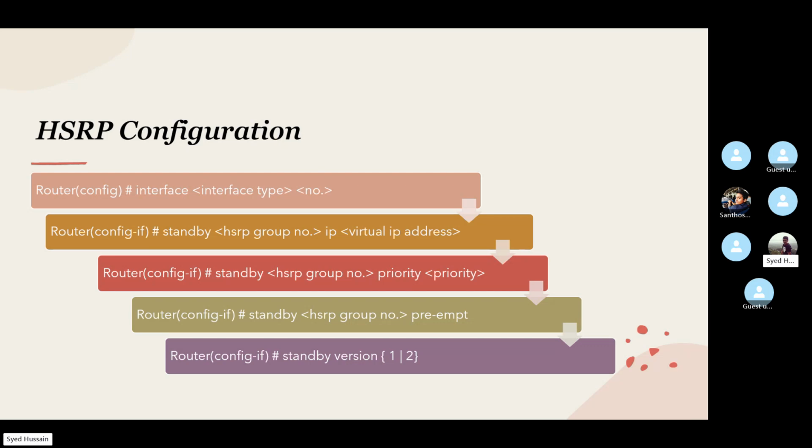Then standby group priority. The default priority is 100; if you are changing it, we need to mention the priority number, for example 150.